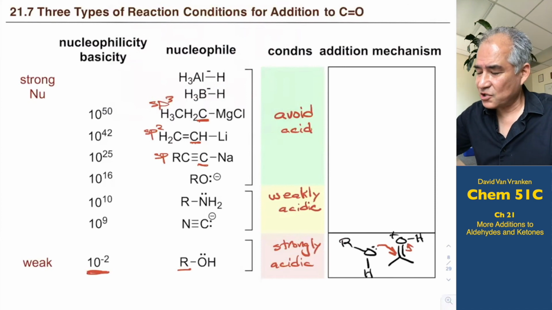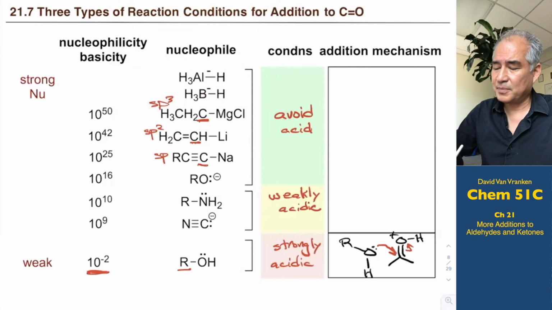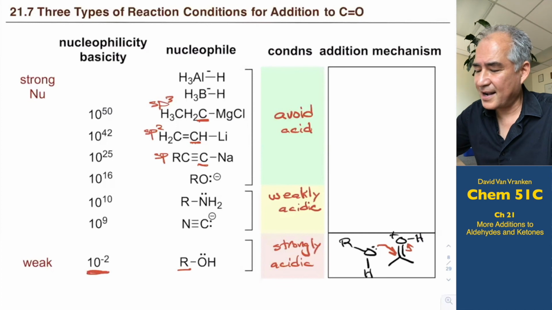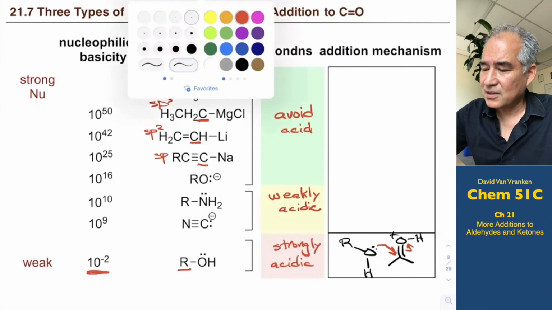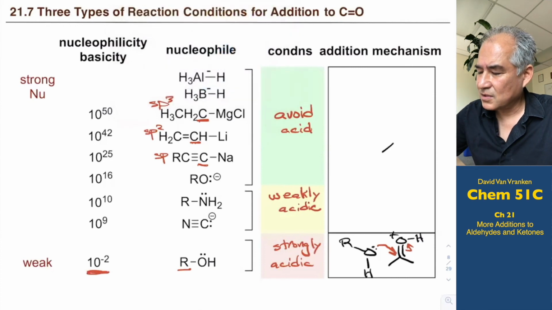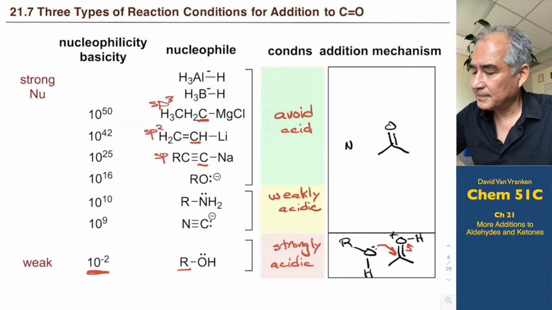But once we get to stronger nucleophiles than that, the mechanism will be different. So in all these cases, like the cyanide group, the amino group, alkoxides, Grignard reagents, alkyllithiums, all of those nucleophiles add directly to the carbonyl with no assistance. So for all of these reagents up here, they're so nucleophilic.